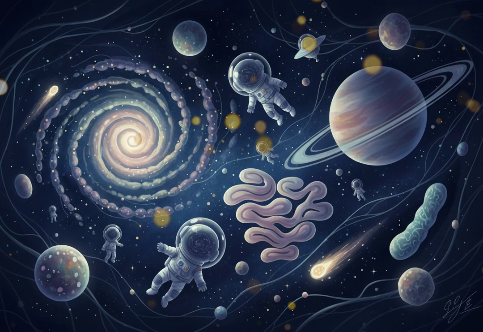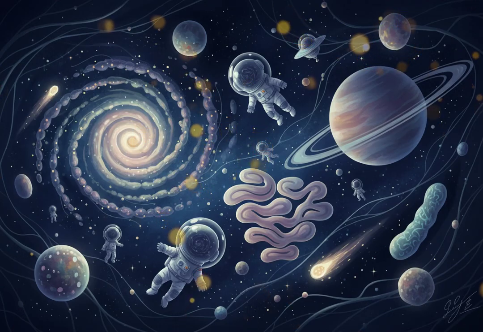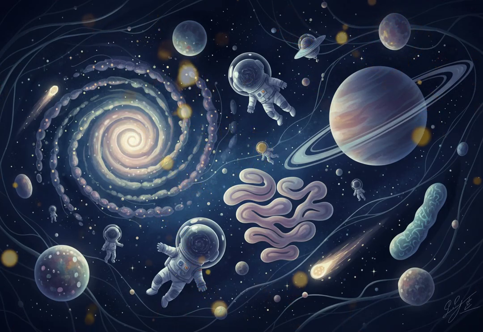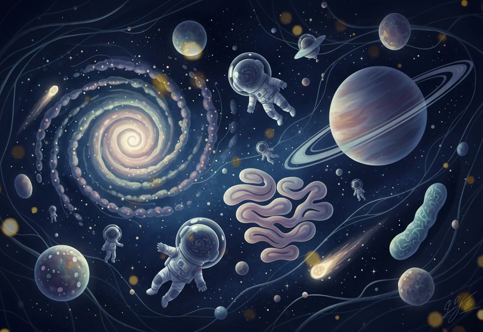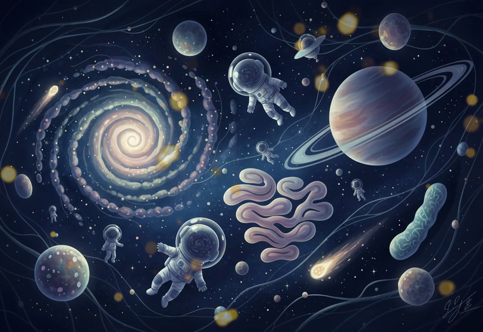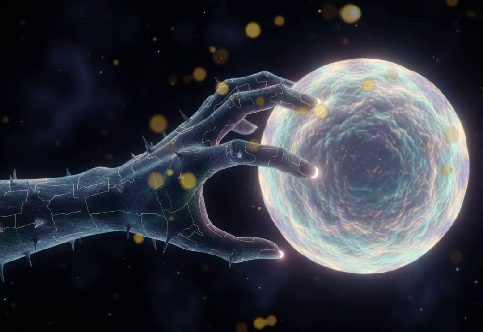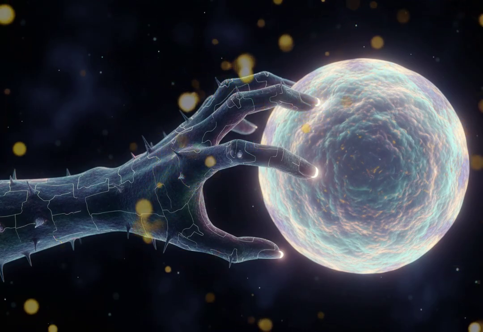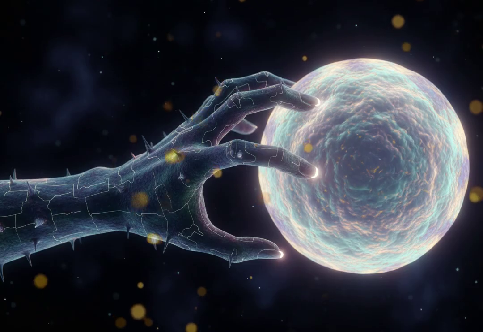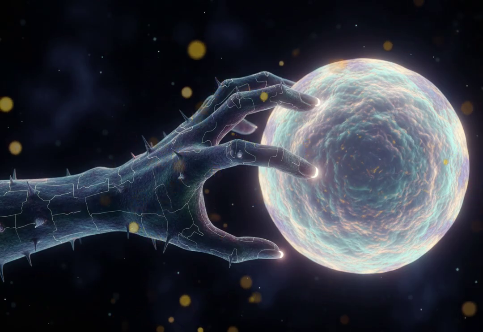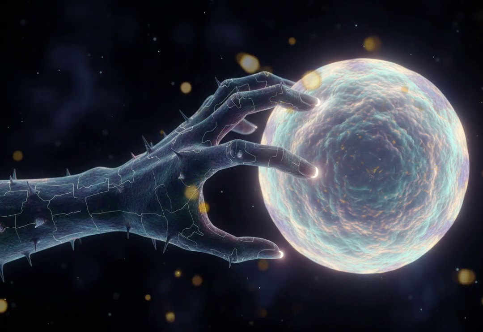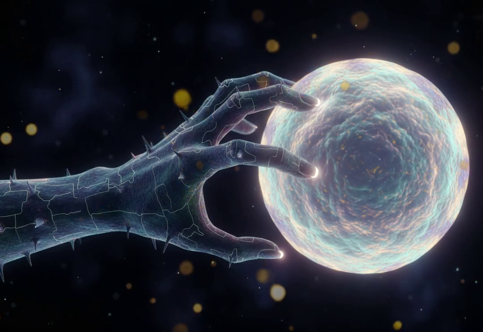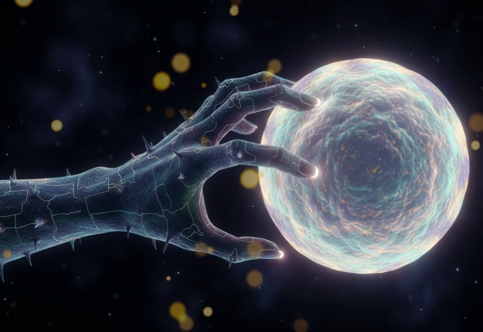Picture a master artisan crafting intricate designs, each strand representing a new generation of viral RNA, ready to be packaged into new viral particles. The rapid replication of RNA viruses underscores their evolutionary advantage, enabling them to produce vast quantities of progeny in a short span of time.